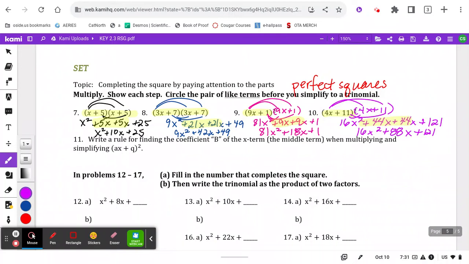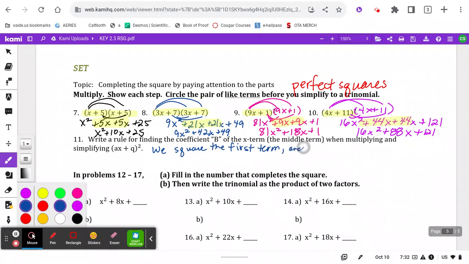So writing a rule for the coefficient b of the x term, the middle term, when multiplying and simplifying a perfect square. So we notice, I'm just going to put down a couple things. We square the first term and square the last term.